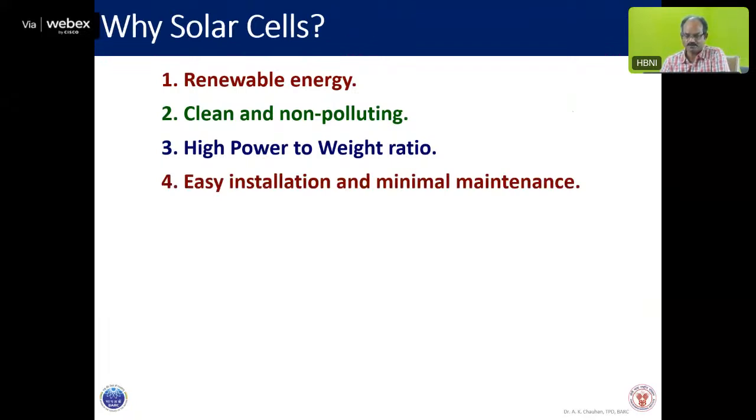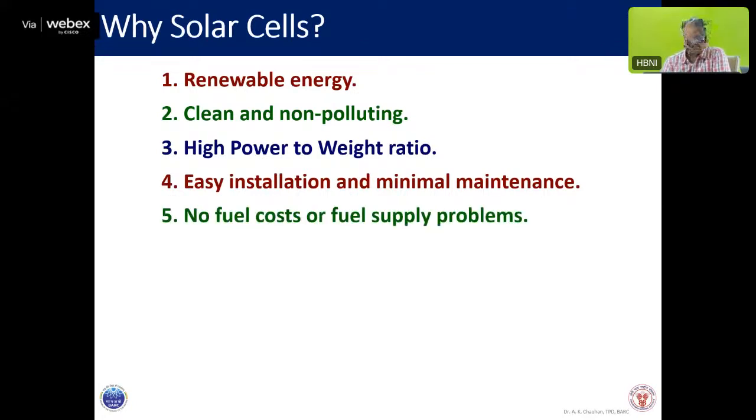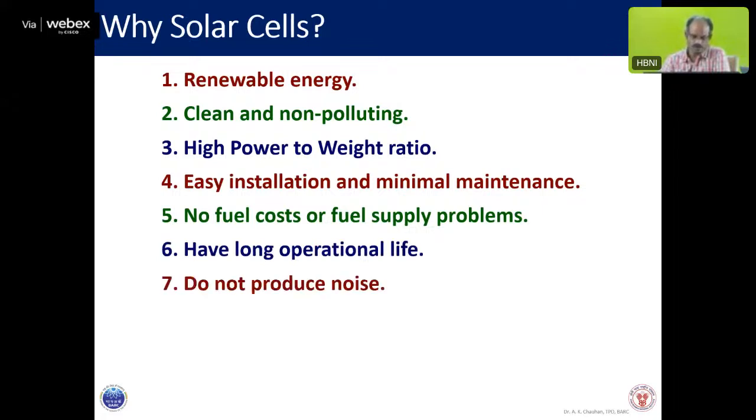You only need to do the cleaning and check the contacts. There are no fuel costs or supply problems, they have a longer operational life, and do not produce noise.